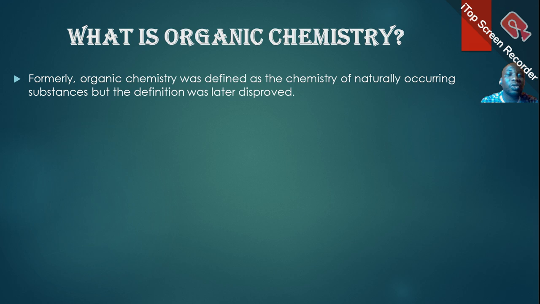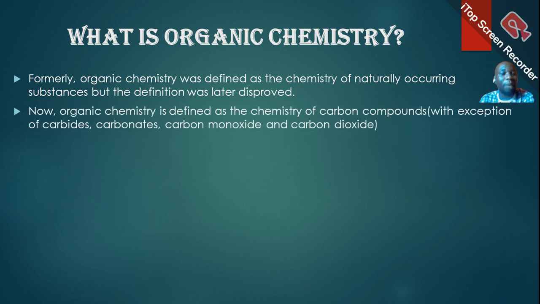There were no other sources where these substances could be obtained except from plants or animals, from living things. That's why they gave the definition naturally occurring substances. That these substances, there is no way they can be produced in the lab, that they can only be obtained either from plants or from animals. An example of such is urea. But the definition was later disproved.